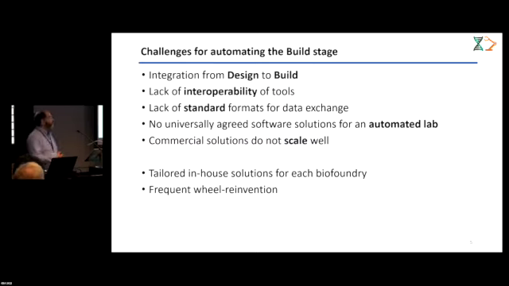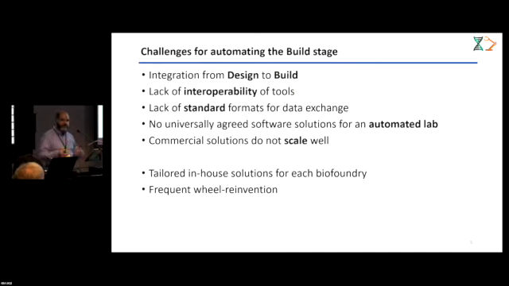There is a lack of standard formats for data exchange. There are no universally agreed software solutions for an automated lab, or commercial solutions often do not scale well. So at the end, what you usually find are tailor-made in-house solutions for each biofoundry, and frequent reinvention.